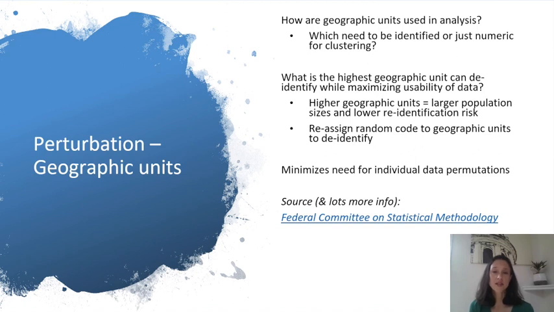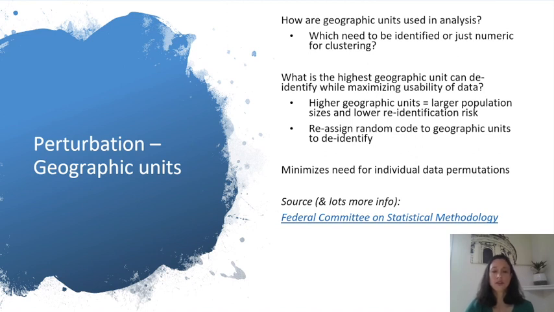So what is the highest geographic unit you can de-identify while maximizing the usability of the data? If you can de-identify up to higher geographic units, meaning the population sample is coming from a much larger potential population size, you're lowering the risk of re-identification quickly.